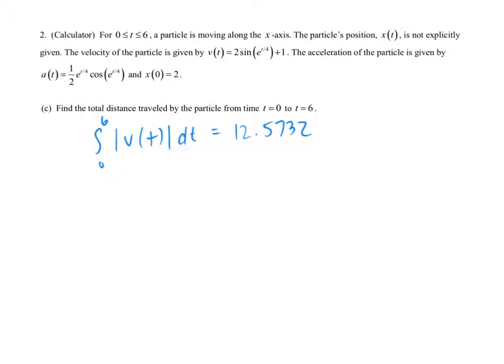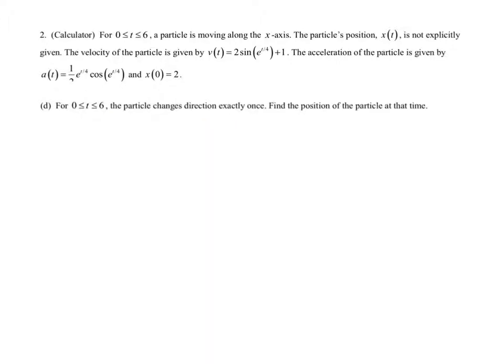Okay, part D is probably the most challenging part of this question because you have to read very carefully what it's asking you to do, and then you have to remember some particular concepts about particle motion. And so it says that between 0 and 6, the particle changes direction exactly one time. Find the position of the particle at that time.